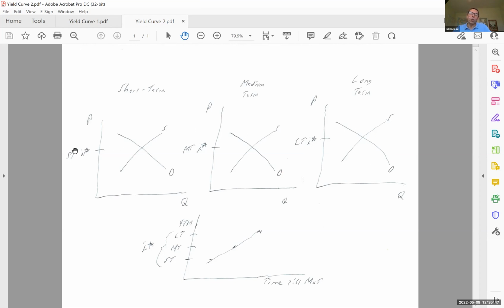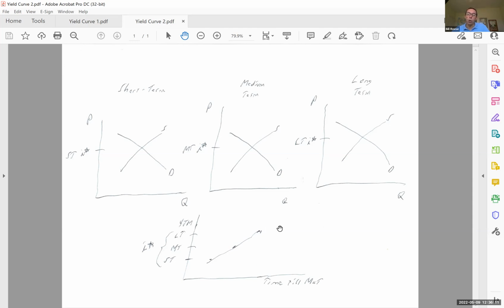So now if I've got a short-term equilibrium rate, medium-term equilibrium rate, and a long-term equilibrium rate, when we see an upward sloping yield curve like this, what we're seeing is here's short-term in terms of time to maturity. There's my short-term equilibrium rate. Here's medium-term in terms of time to maturity. There's my medium-term equilibrium interest rate.